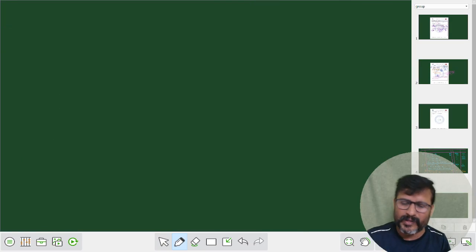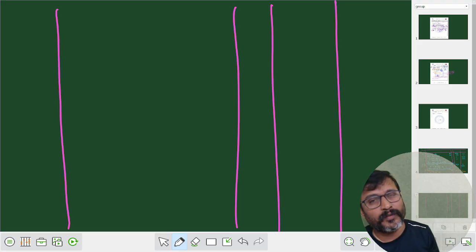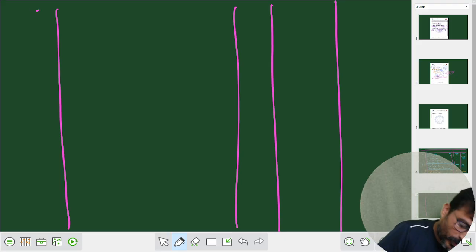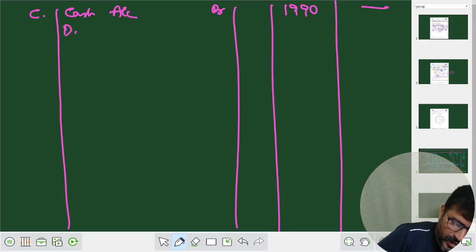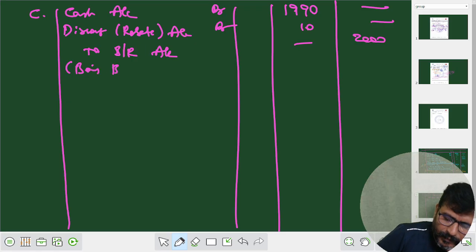That is explained so nicely, very clearly in the first few classes of your bills of exchange chapter. Now we are in the C point, that is cash account debit 1,990, discount or rebate account debit 10 rupees, to bills receivable account 2,000, being bill retired by whom?